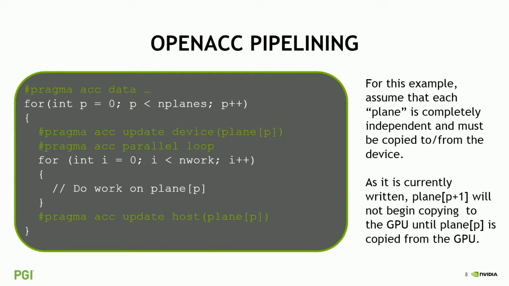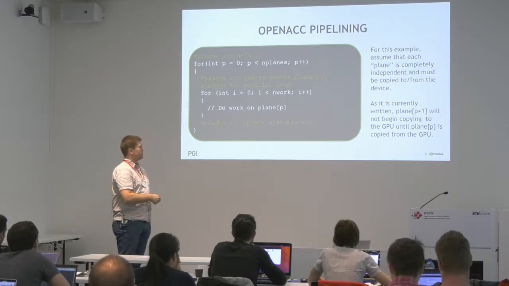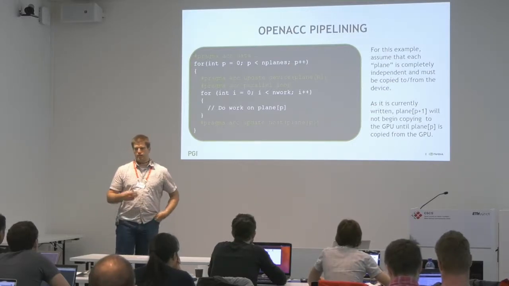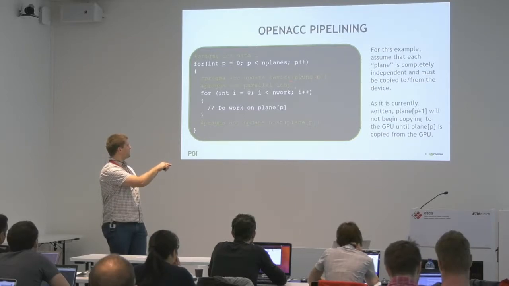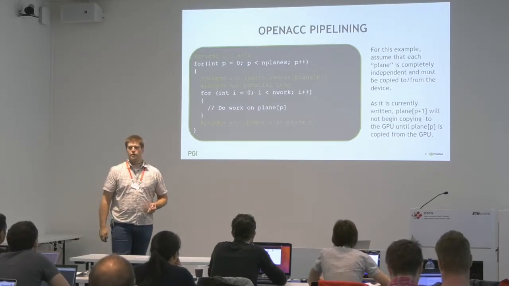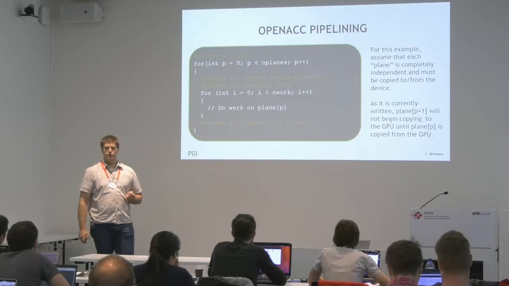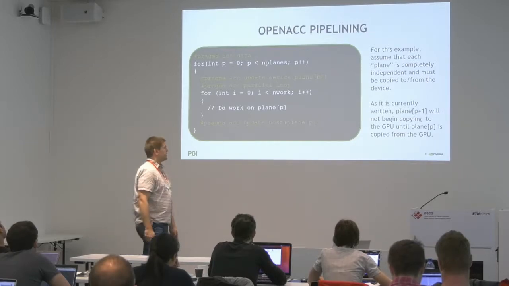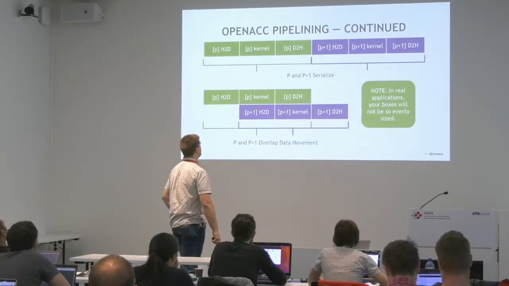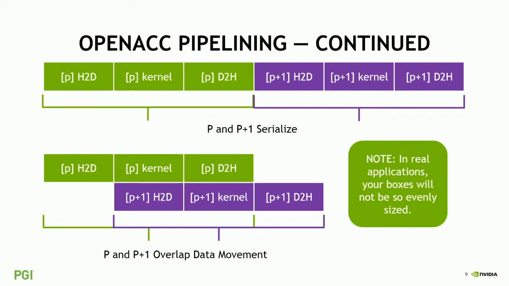The way this is written right now, everything executes in order, right? The plane P plus 1 will only start copying and getting the kernel launched for it once the plane P is already finished, okay? If we look at that in a more graphical representation, the upper panel here is what we would have with this current loop.